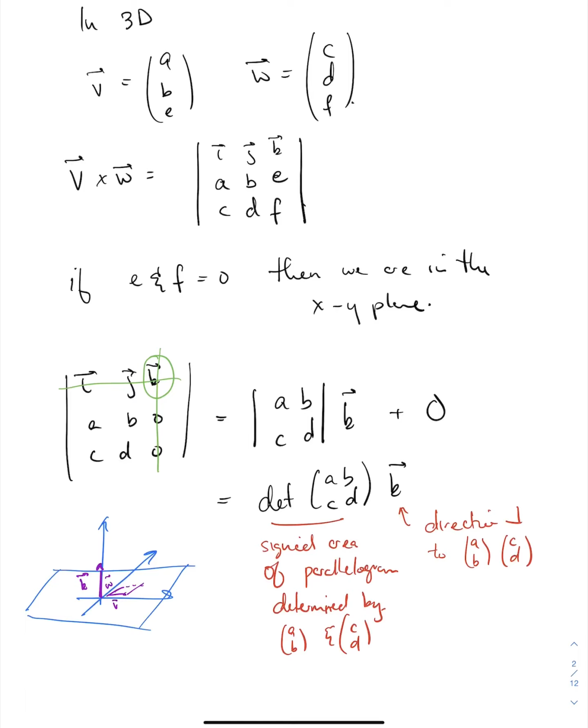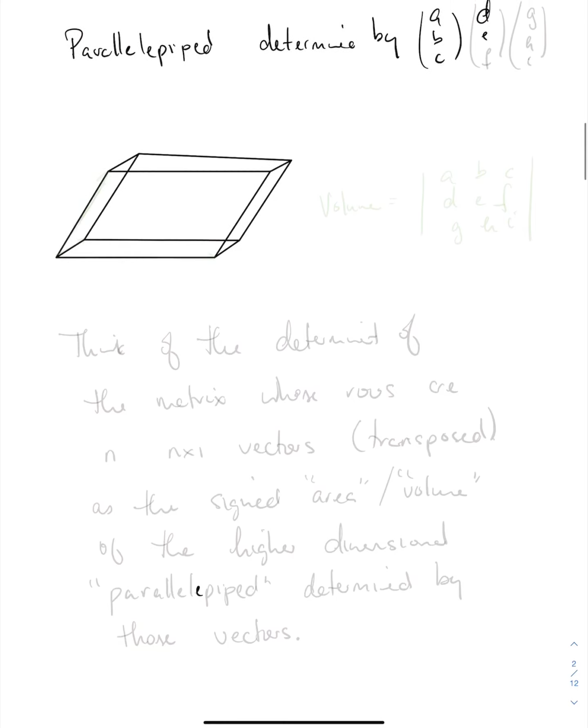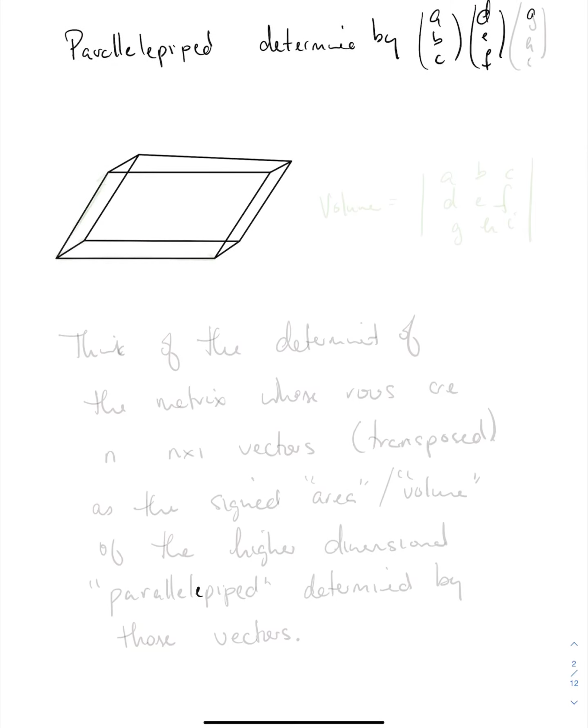What if we're not talking about parallelograms, but the three-dimensional analog of parallelograms? So let's look at a parallelepiped. The parallelepiped determined by a, b, c, d, e, f, and g, h, i.